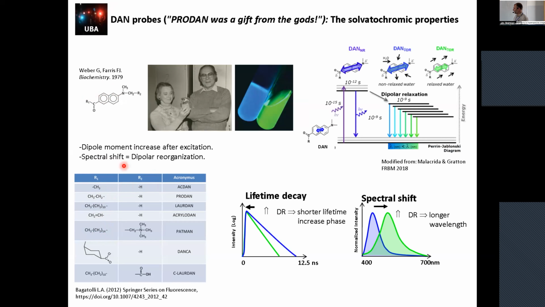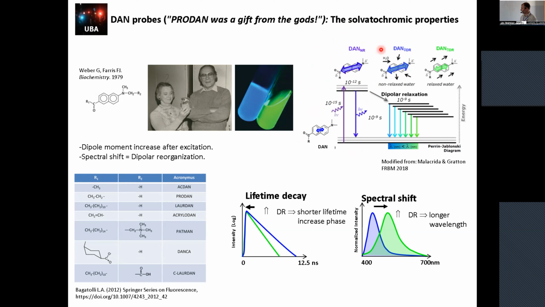The exquisite photophysics of this enables you to split different things. So after excitation, the dimethylaminonaphthalene increases its dipole moment, and this dipole moment can be used to sense the environment. And how can this interact with the environment? Well, if there are no molecules that can be relaxed, can be reoriented by this dipole, basically it will fluoresce and it will sense basically polarity around the probe.